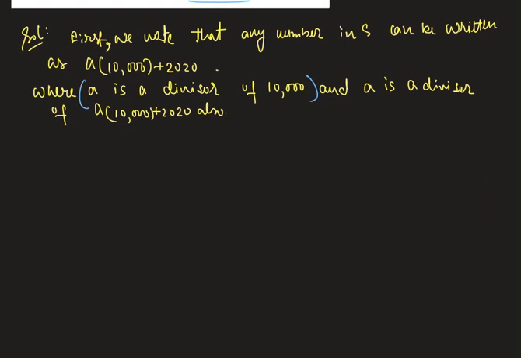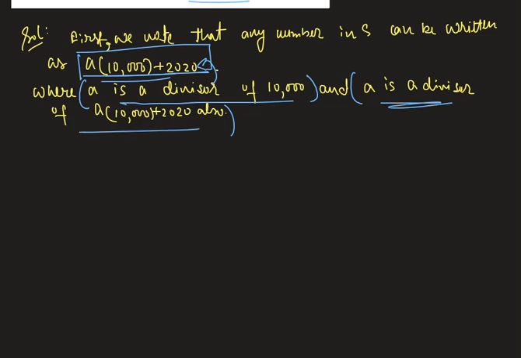This can be seen from this expression: A is a divisor of A times 10,000, and by the question we are given that A is a divisor of A times 10,000 plus 2020.